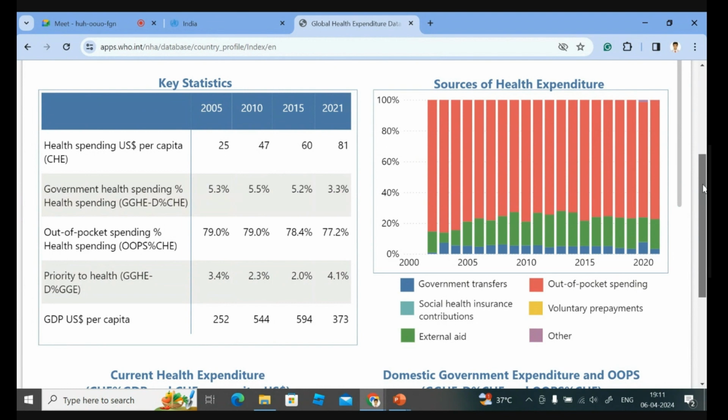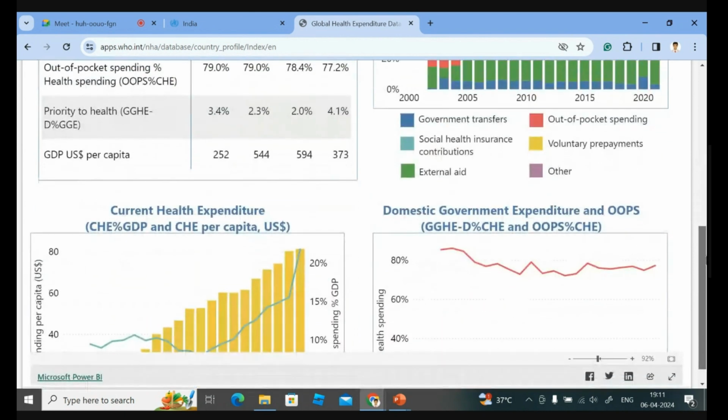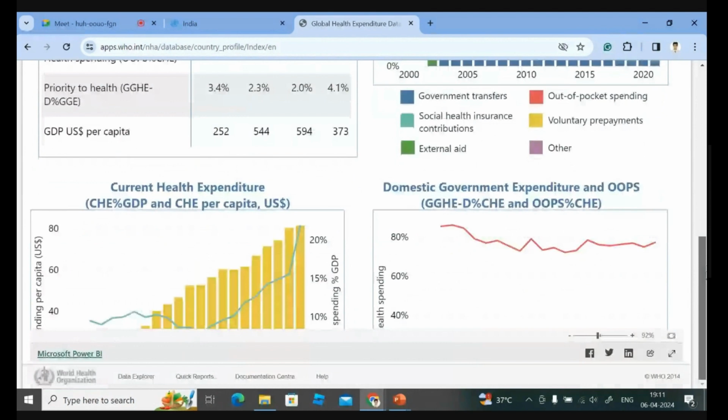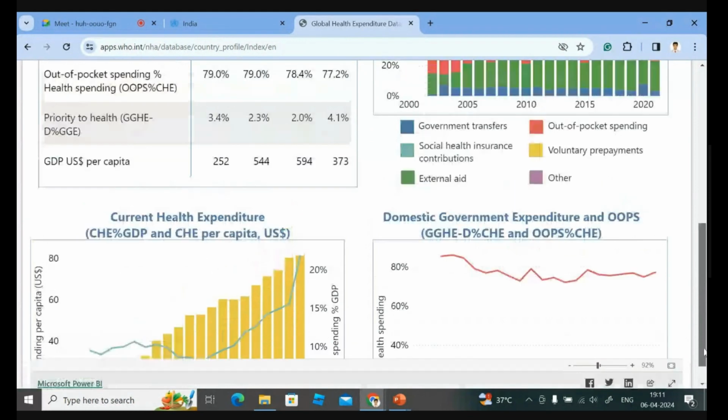Are you able to see this? Check that. So current health expenditure, and this is done by Microsoft Power BI. That's the software. So overall, you can see it.